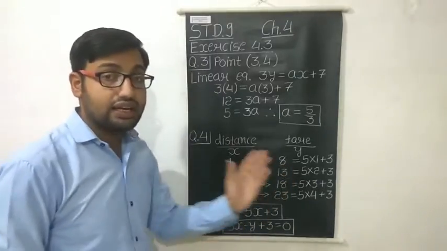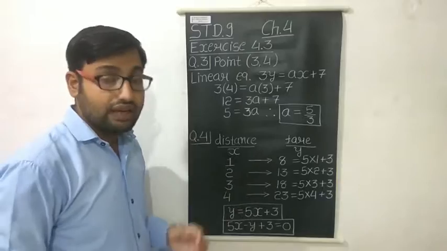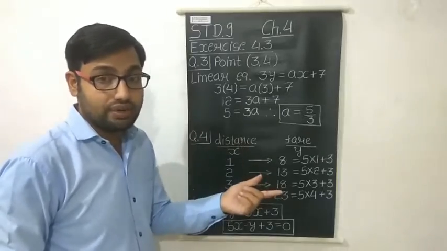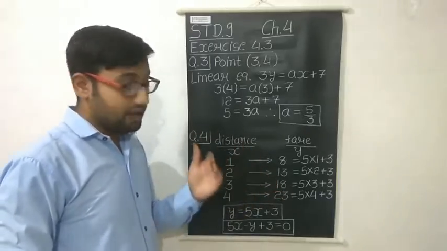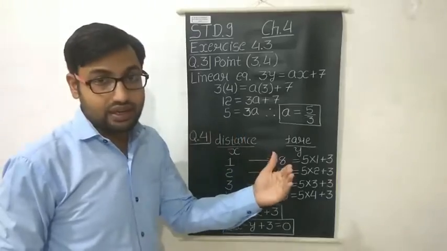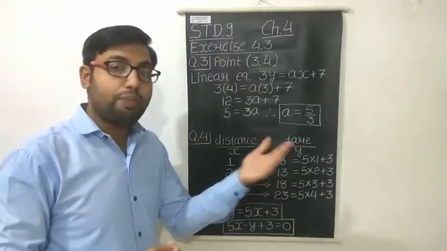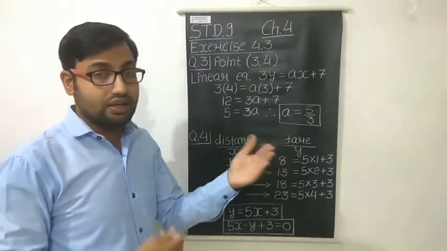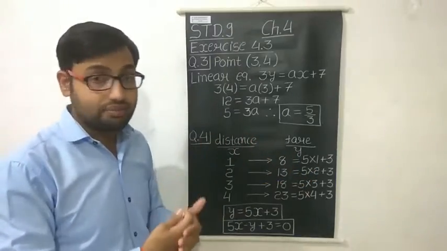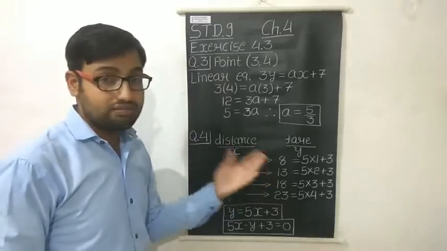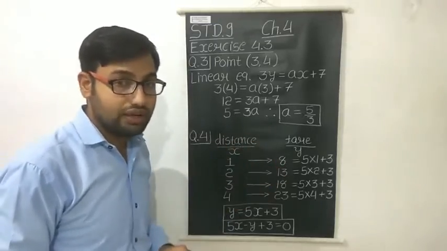We cannot directly relate x and y, like we studied in the first exercise, the value of pen and the value of pencil, where the value of the notebook is twice the number of pens. Twice means double, so we could directly relate that. But here twice, thrice, that kind of relation is not possible.